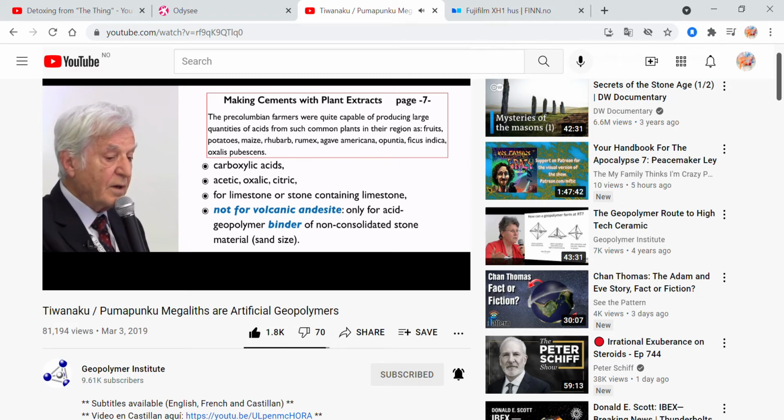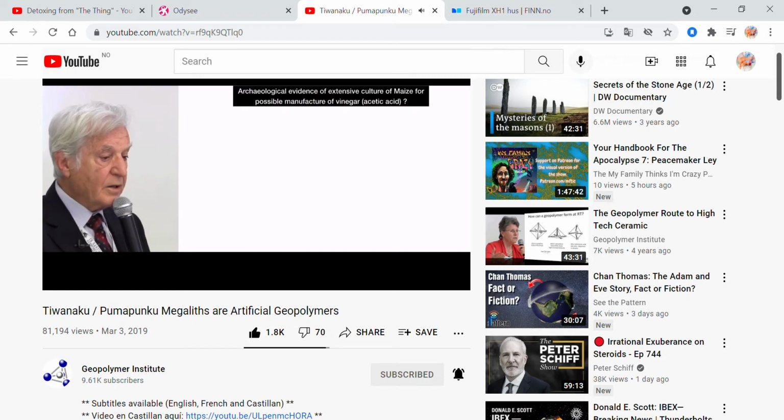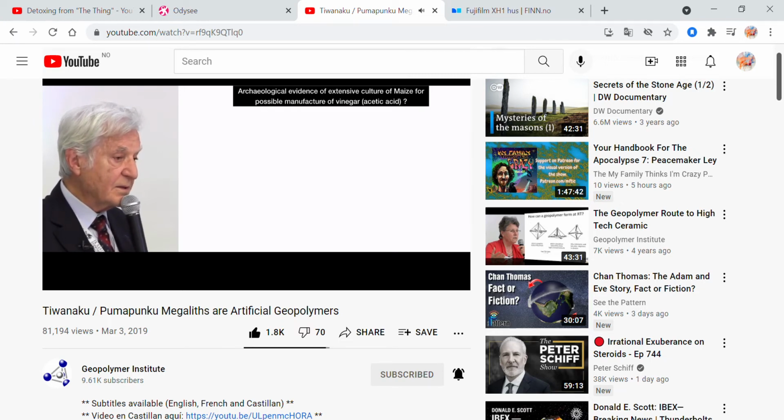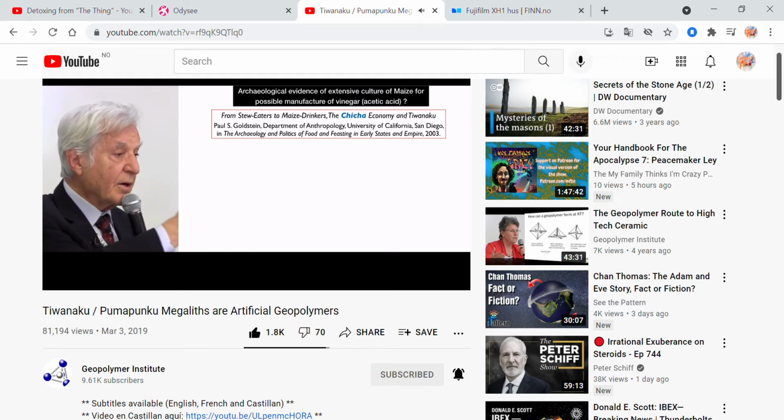Do we have archaeological hints suggesting that this idea is not crazy? Archaeological evidence on extensive culture of maize for possible manufacture of vinegar, acetic acid. Another expert, specialist of the region, this is an American, the experts are American archaeologists.